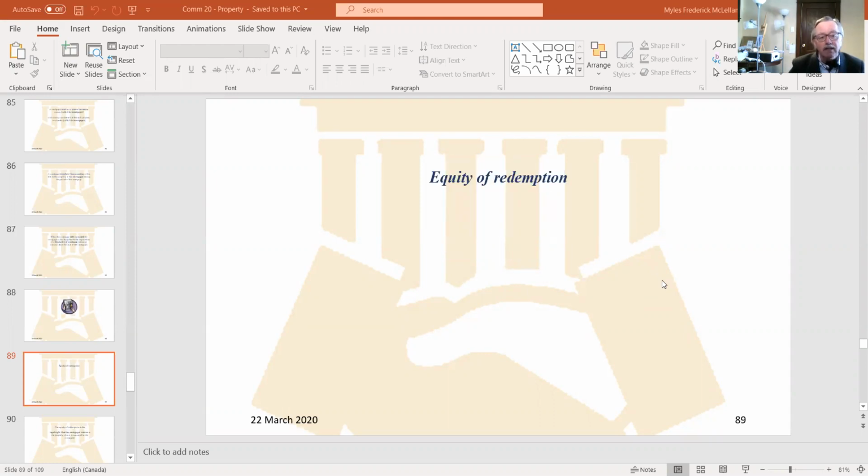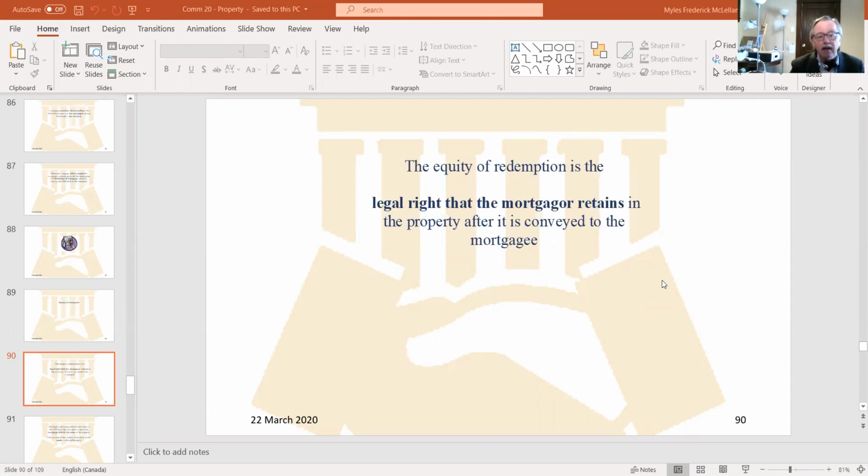All right. This also leads us to what's called the equity of redemption. Right. And this is something that takes place in all real estate transactions that involve mortgages. What the equity of redemption is, in legal terms, is the legal right of the mortgagor, that's the person who owns the property. It's the right that they have in their property that isn't subject to the mortgage debt.